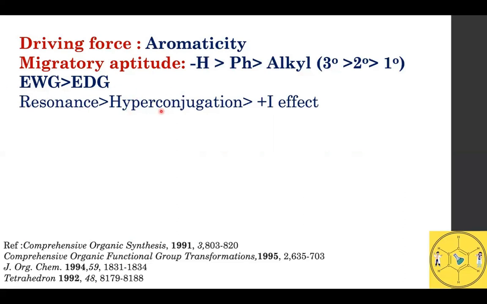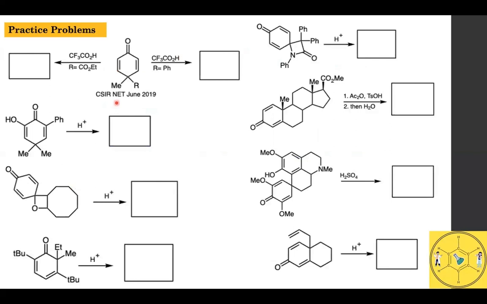Similarly, when you consider the electronics of dienones, resonance gets more priority than hyperconjugation and plus I effect. When you get your free time, give a shot to these following problems. When I get a chance, I will try to work out these problems and make another video about them.